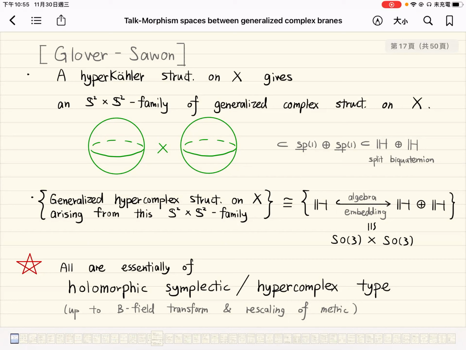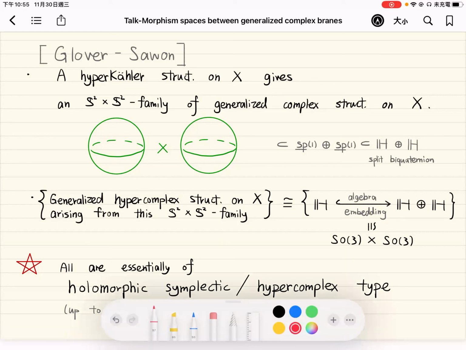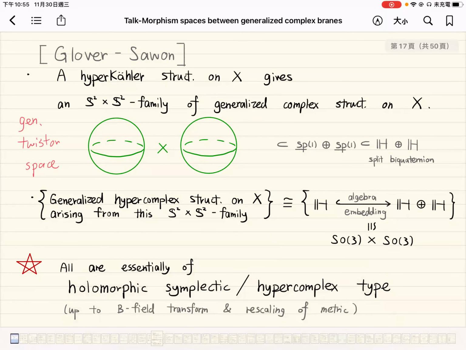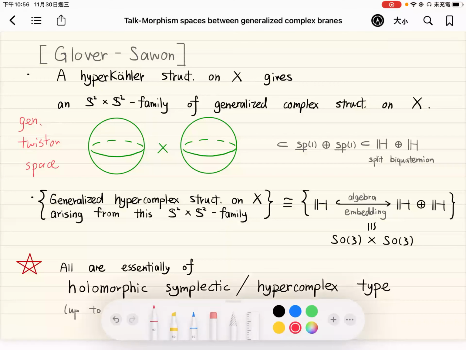They call this family the generalized twisted space. You can think that this product of S2 sits inside the direct sum of the Lie algebra sp(1) and sp(1) itself.